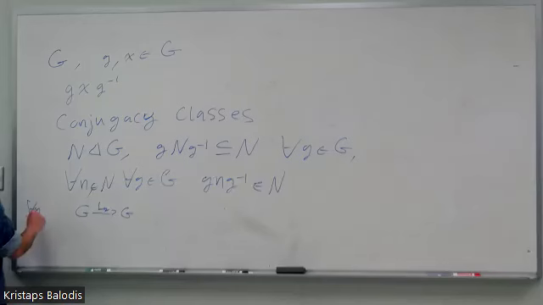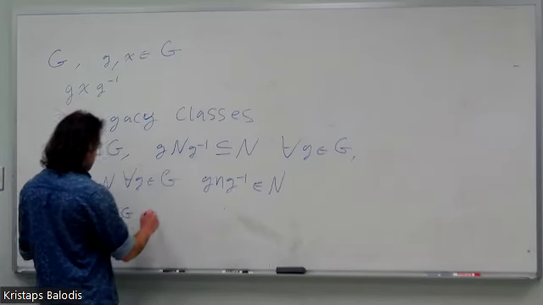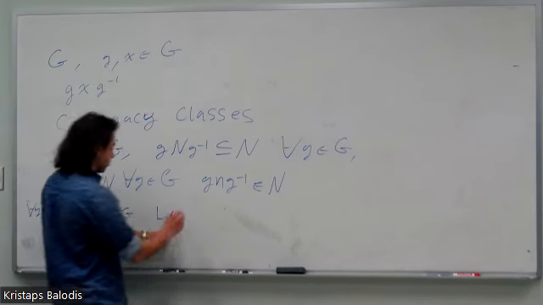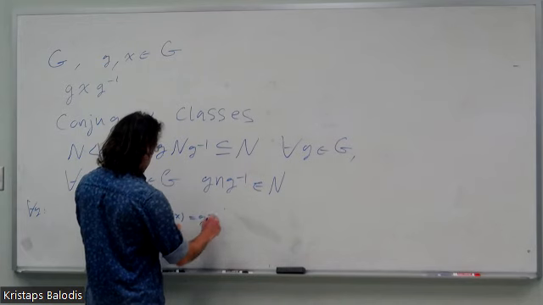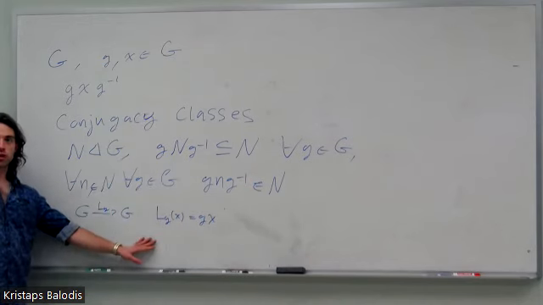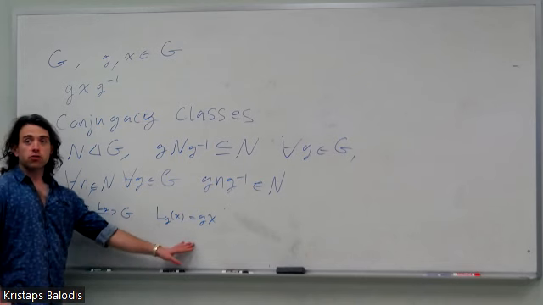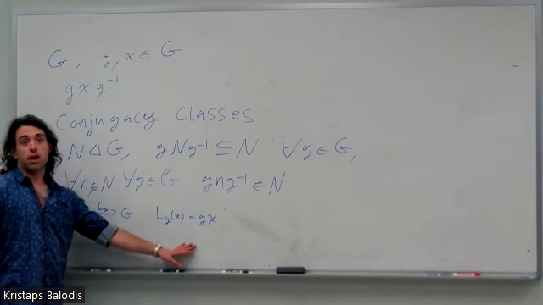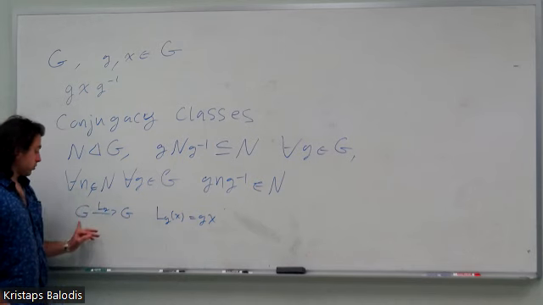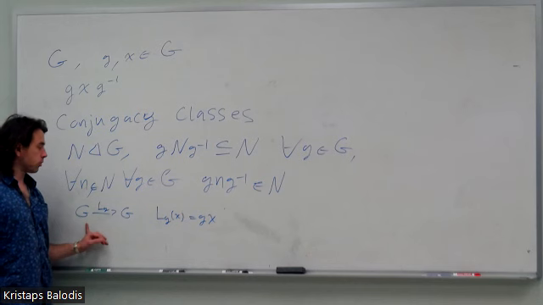So for every g in G, I can define a function from G to G. And what does that do? It takes an element x, and I'm just going to multiply on the left by g, right? So for instance, that's a bijection. And this bijection tells you something about like the left cosets under G, right? If you restrict this to say a normal subgroup.